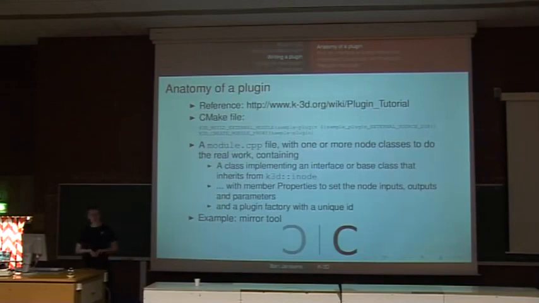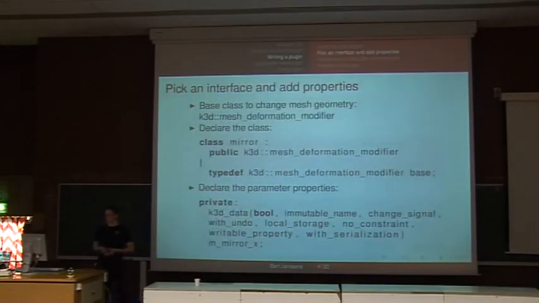As an example, I will show you how to create a simple mirror tool, which will mirror points along one or more components. So the first thing we have to do is to declare our interface we will be using. Since we will be deforming mesh points, we will be flipping components of each point in the mesh.